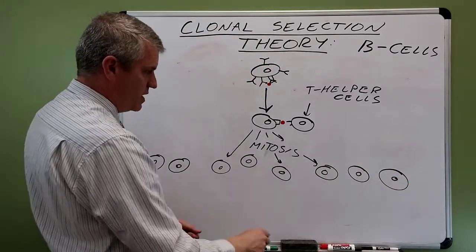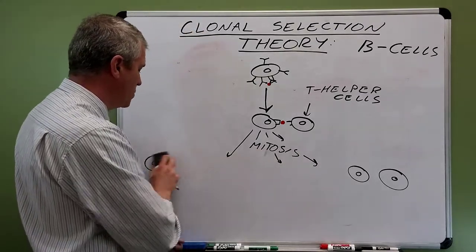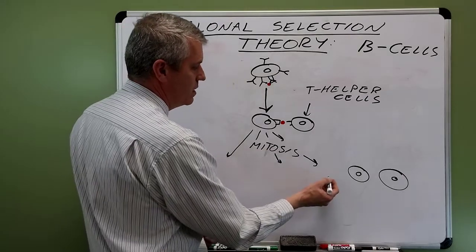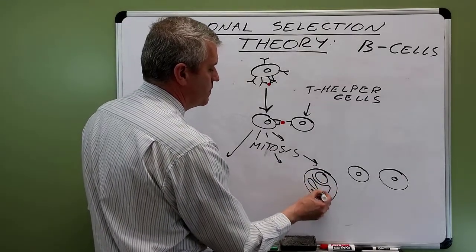And I should draw some of these B cells differently, so let me go back and do that. Because when the mitosis process happens, there are two different cell types that get produced.